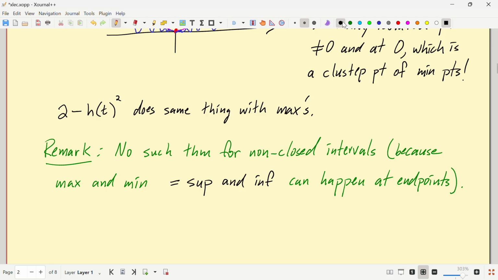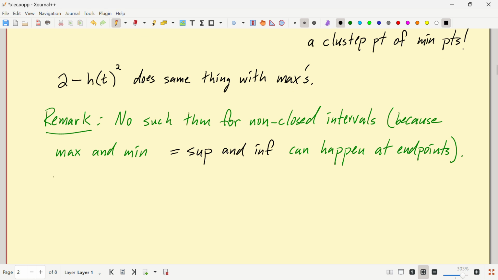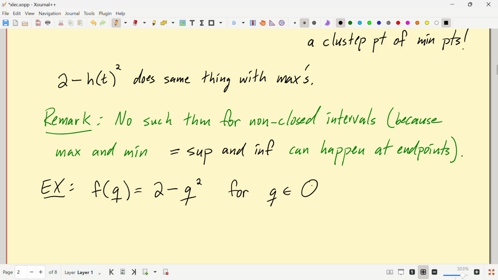Also, if you're thinking about maybe this is a true thing for other kinds of sets, a key example that we've seen is, let's take f of a rational number q equals, how about 2 minus q squared, for q in the rational numbers between -1 and +1.